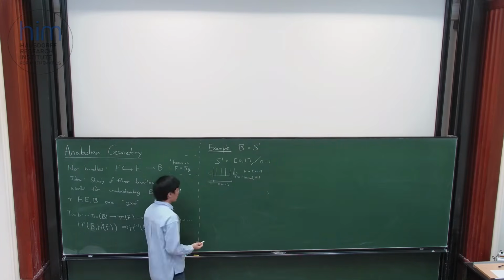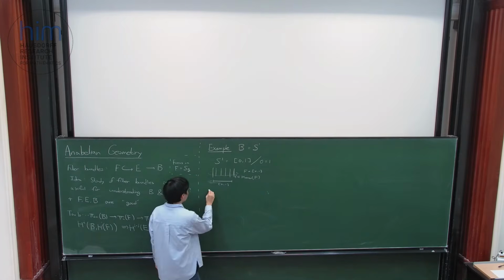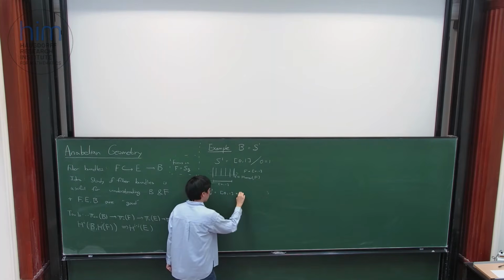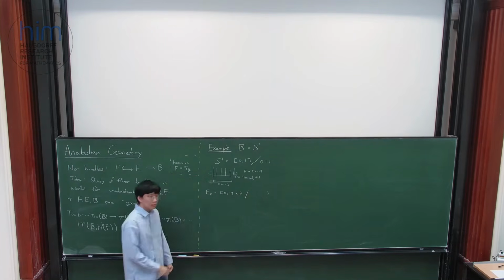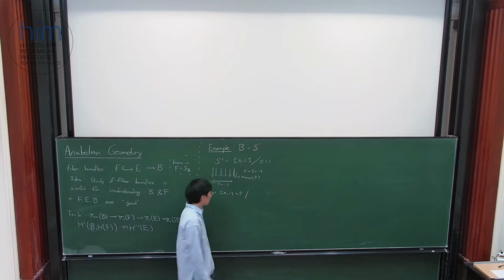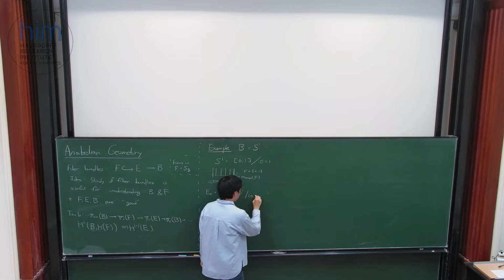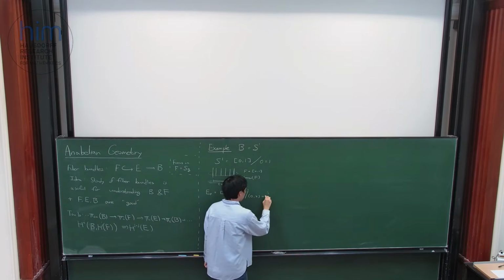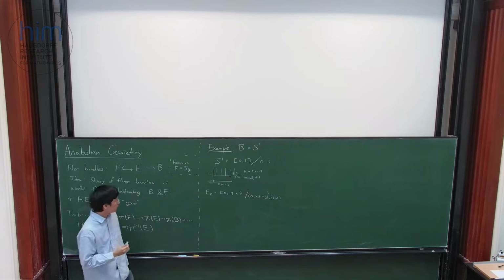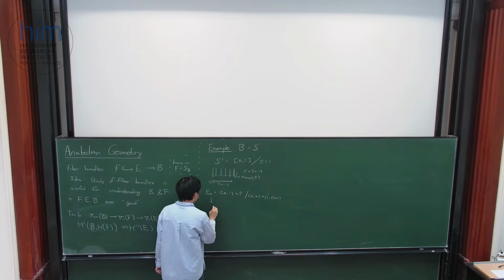So if you have such an f, then you can define the fiber bundle as follows. This is just the quotient of this trivial bundle over the closed interval by the relation that (0, x) is equal to (1, f(x)). Then this defines a natural fiber bundle over the circle.